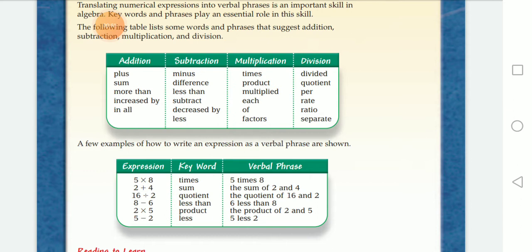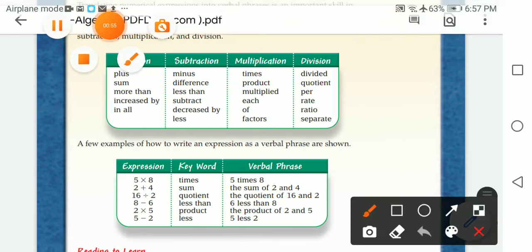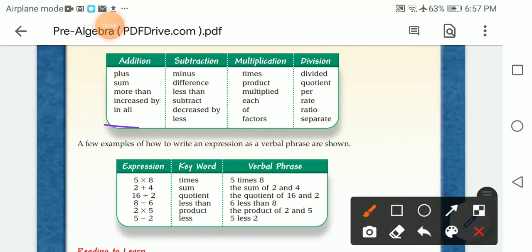Plus, sum, more than, increased by, in all. Subtraction: minus, difference, less than, subtract, decreased by, less. Multiplication: times, product, multiplied, each of, factors. And here for the division: dividend, quotient, pair, rate, ratio, and separate.